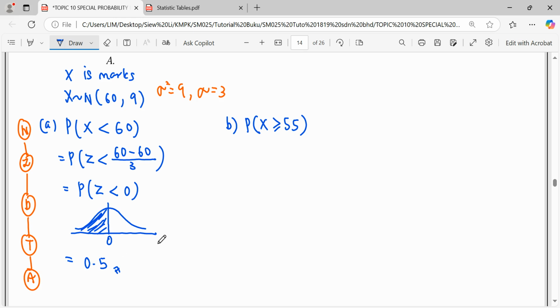Then we move on to part B, at least 55. So this X starts from normal distribution, and its flow is also the same. We need to change to Z score. So 55 minus 60 over 3, minus mean over standard deviation. Our Z score here will be negative 1.67. We only allocate 2 decimals.